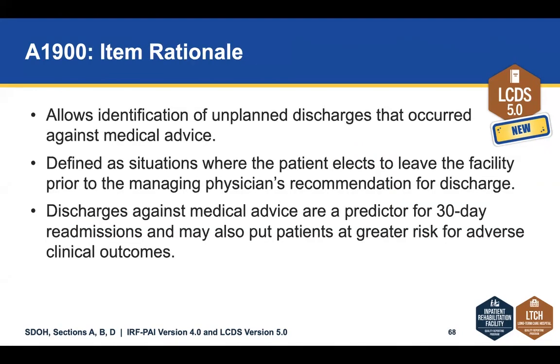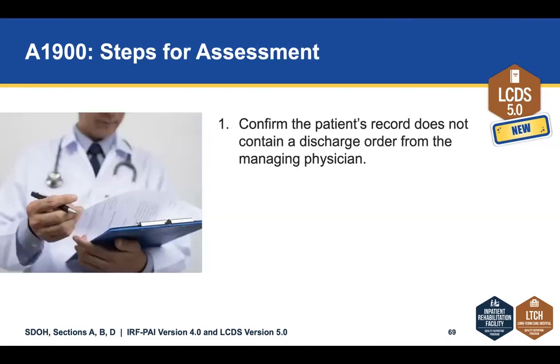This data element is collected because it allows the identification of unplanned discharges that occurred against medical advice. To be discharged against medical advice means that the patient elected to leave the facility prior to the physician's recommendation for discharge. This is important to collect because discharges against medical advice put patients at increased risk of adverse clinical outcomes and are a predictor for 30-day readmissions.